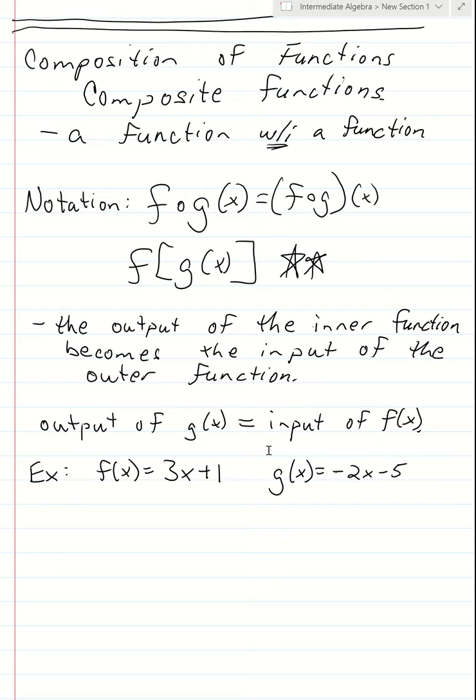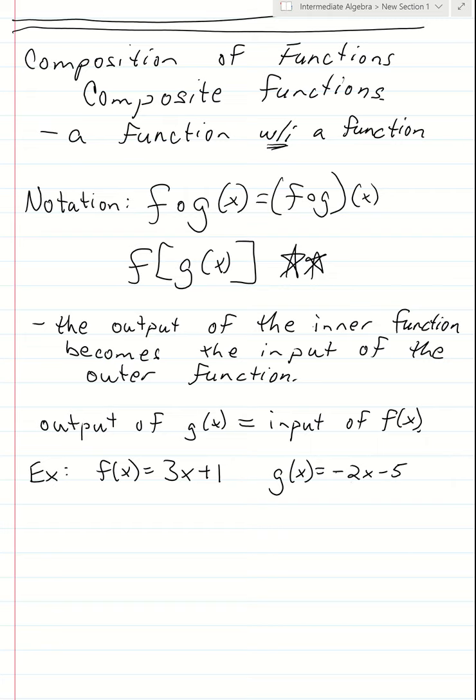So here we have two functions as they are defined. The function f of x tells us to take the input x, multiply it by 3, and add 1. The second function, g of x, is going to tell us to take the input x, multiply it by negative 2, and then subtract 5.